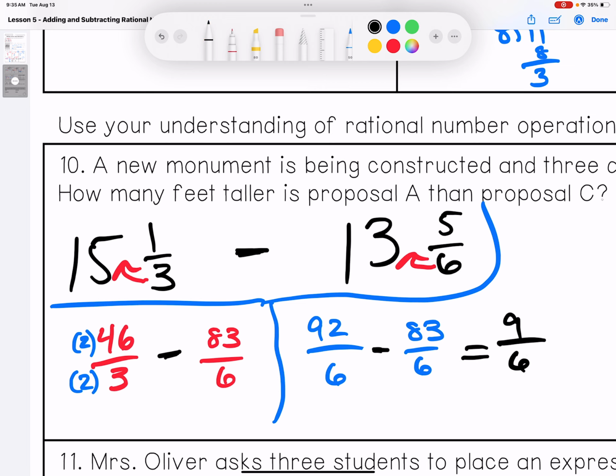Now to put it in a sentence, because I do want it in a sentence: proposal A is 1 1/2 feet taller than proposal C. I'm just going to put taller than C, period.